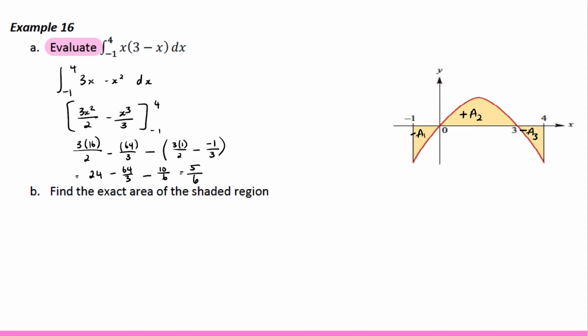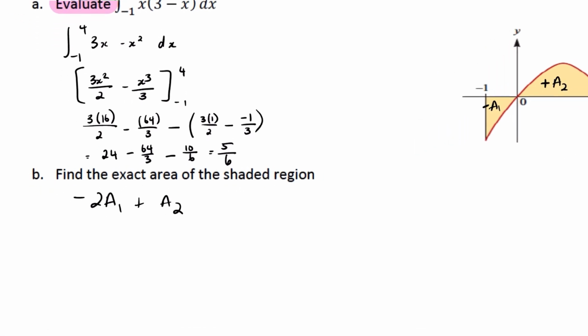The other thing you might notice, because this is a quadratic, this region and this region are actually exactly the same. So what I could do is I could just do 2 times area 1 to save me a little bit of time from having to do it twice. So I'm going to create a little plan for myself. I've got 2 lots of A1 plus A2, and notice I've put the negative in front to remind myself to make it a negative. I'm now going to go ahead and substitute in the correct integrals.